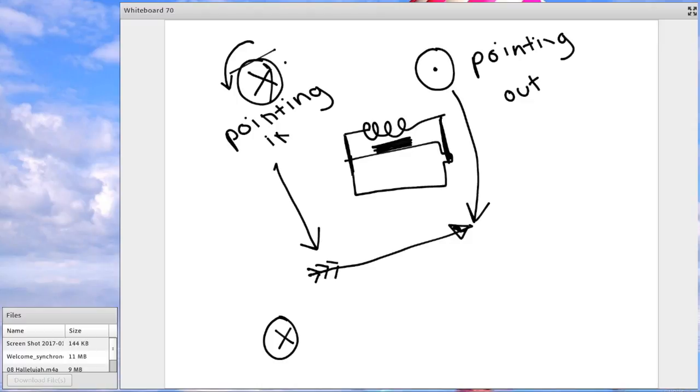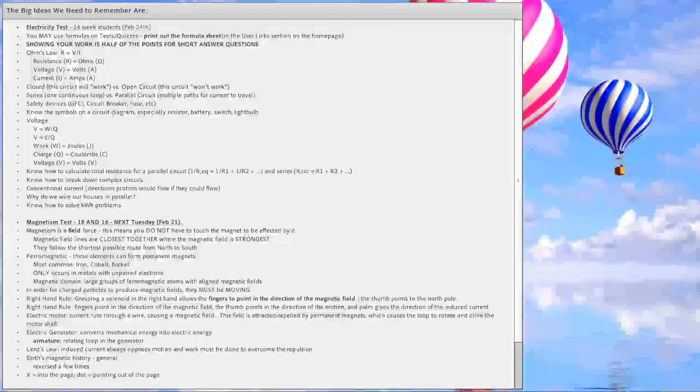And so if you did that with your right hand, your current would be going that way. So those are those little symbols. I tried to write them on the review, but I didn't do a very good job.